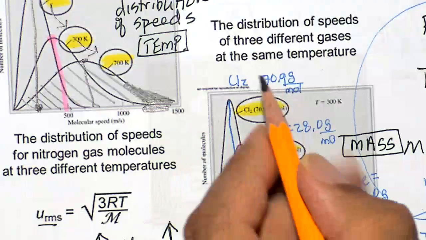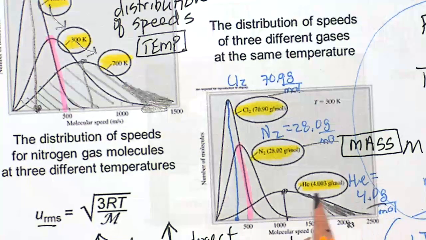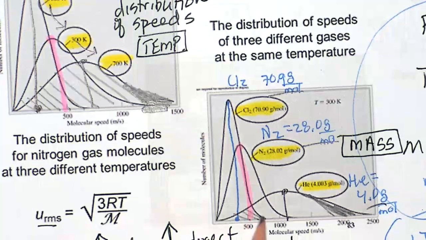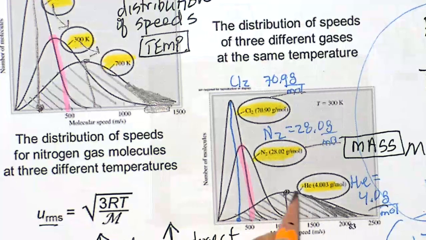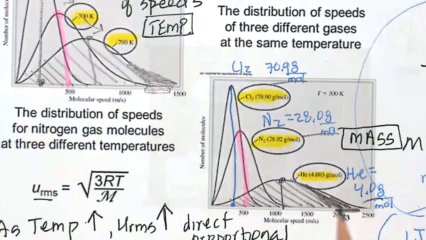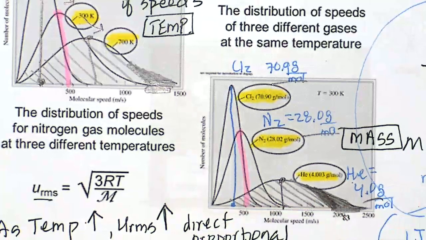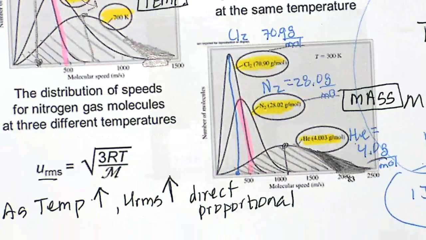So what do we see here as we go from 70 grams per mole to 28 grams per mole to 4 grams per mole? What's happening? The lighter gas experiences more speed.